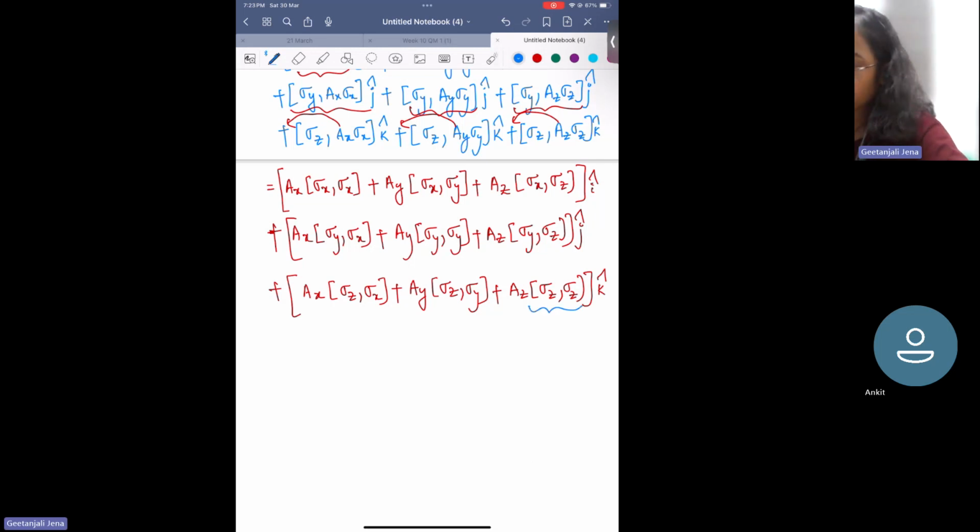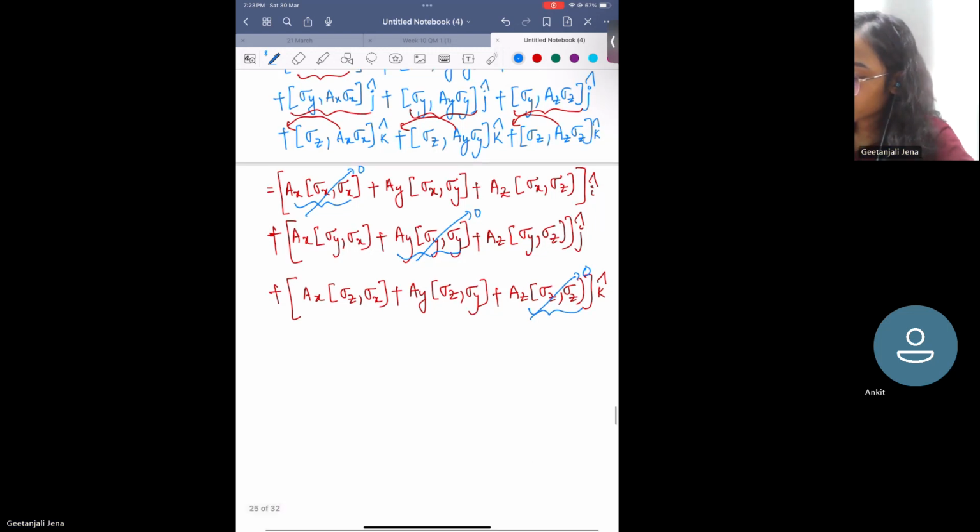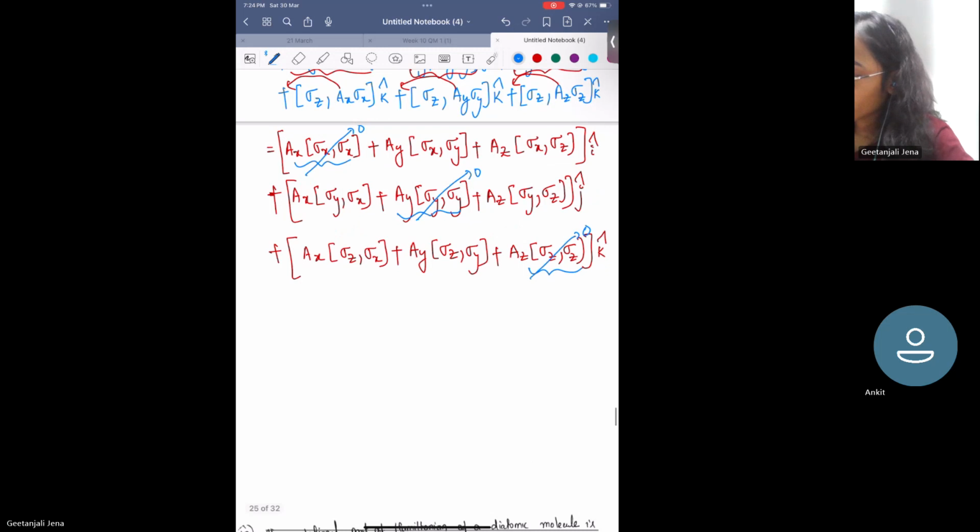If you see this term, the commutation relation of sigma z with sigma z would be 0. Also sigma y with sigma y would be 0, and sigma x with sigma x is also 0. So what we are left with are these terms. Sigma x with sigma y, you know, is nothing but 2i sigma z.